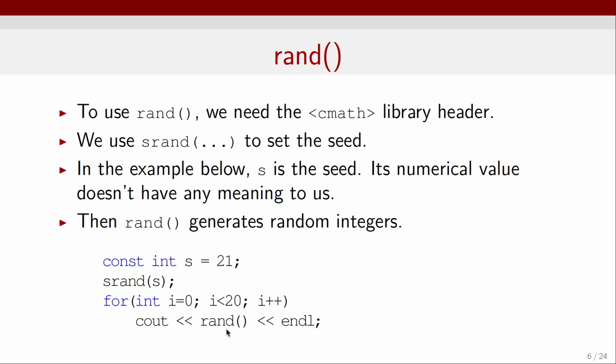So this will print out a random number to the screen, and it will do that 20 times. Now, as long as the seed is the same, it should give the same 20 pseudo-random numbers every time.